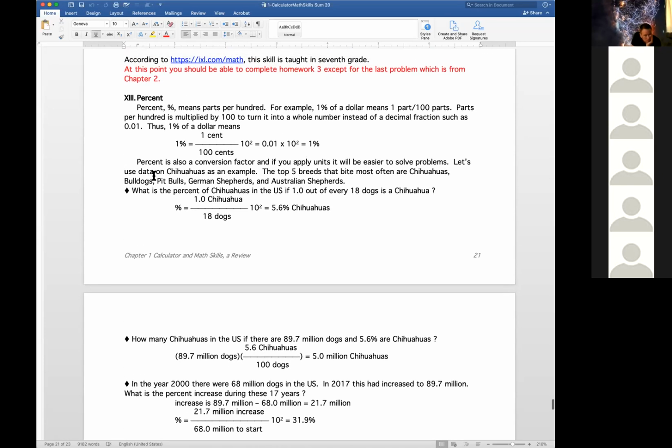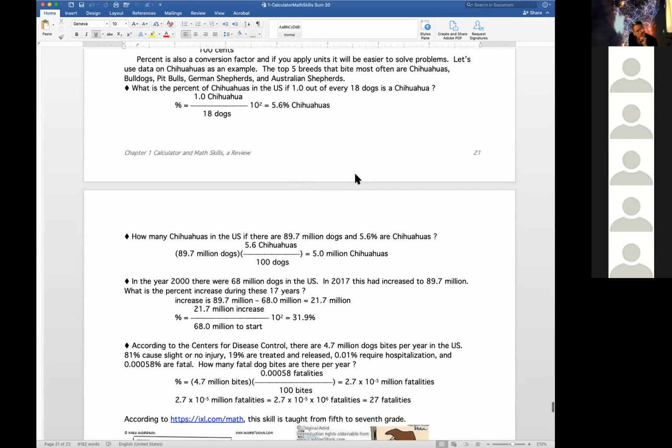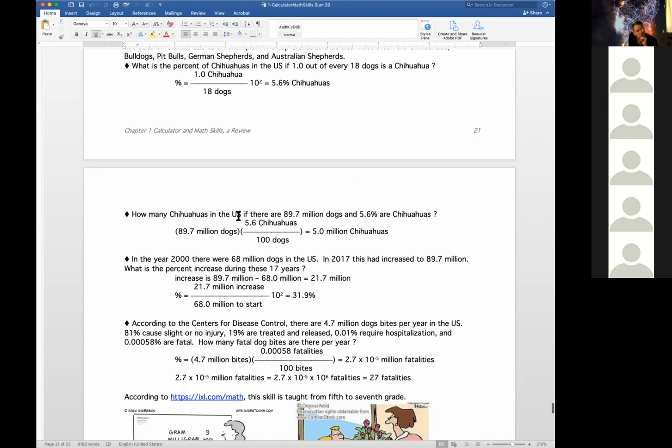So what is the percent of Chihuahuas in the US if 1 out of every 18 dogs is a Chihuahua? Okay, you get 1 Chihuahua out of 18 dogs, right? Multiply by 100, that's 5.6% of the dogs in America are Chihuahuas. How many Chihuahuas in the US if there's 89 million dogs and 5.6% of them are Chihuahuas?